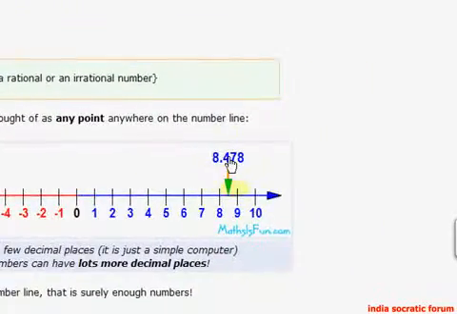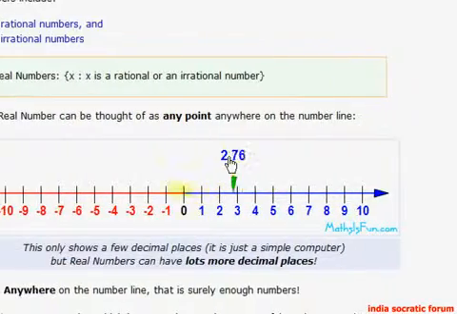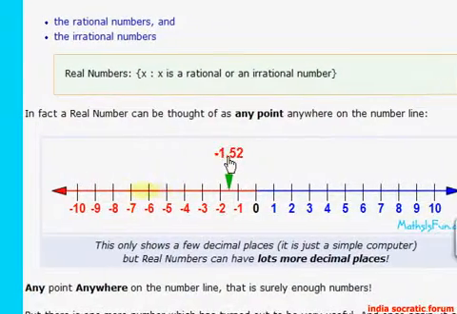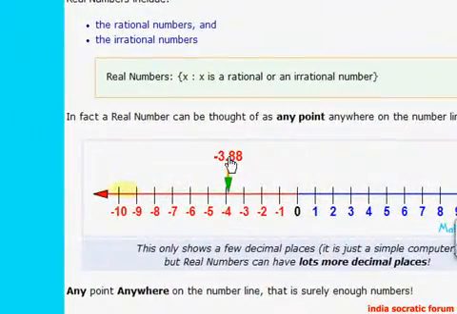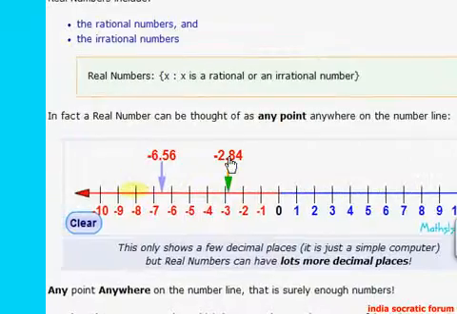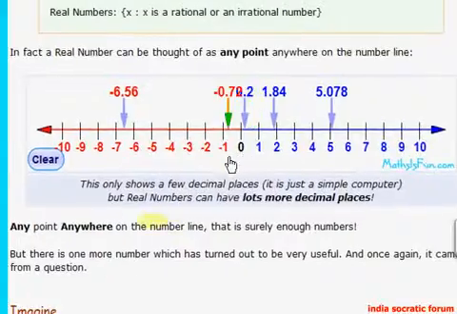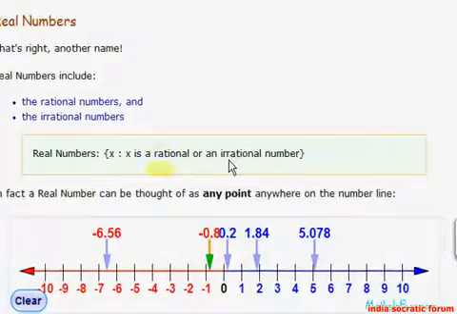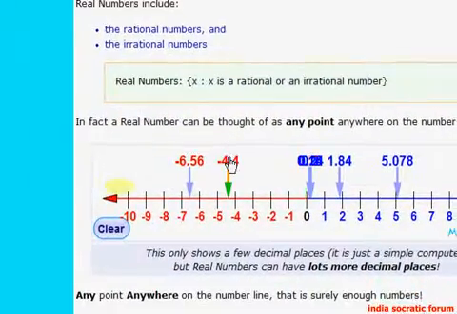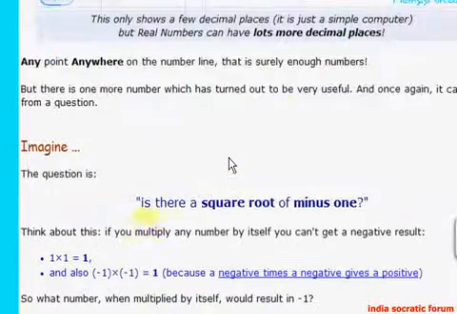So you take a number line, and everything on the number line is a real number. 1.5, 1.02, even -1.72, 2.24, 3.96, etc. For example, 0.2, 0.1, 0.8. You click anywhere, and every number is a real number. Any point on the number line is enough.